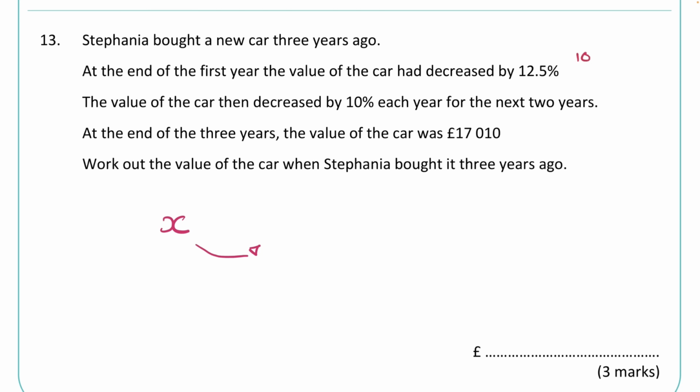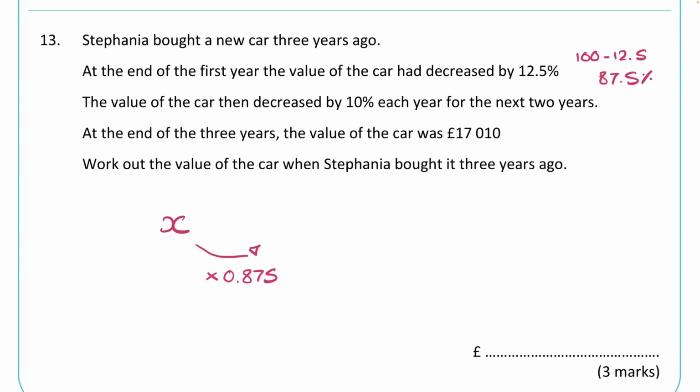Now 100 take away 12.5 tells us the percentage that it's gone down to. So 100 take away 12.5 on the calculator is 87.5. Now to get that, we just use the decimal version of 87.5. So that's 0.875. Again, when you get 87.5, you actually can just type in your percentage button along with that.